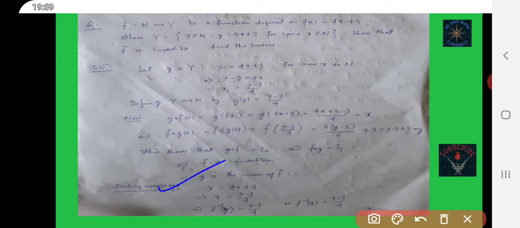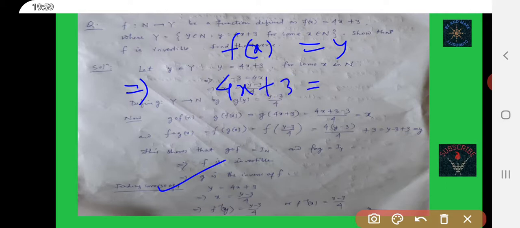And you know how to find the inverse of f? You know already. First step, you write f of x is equal to y. Then you write 4x plus 3 equals y. Then you write x in terms of y, that is 4x is equal to y minus 3.